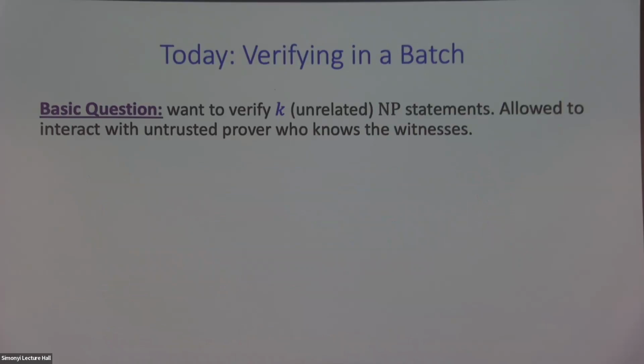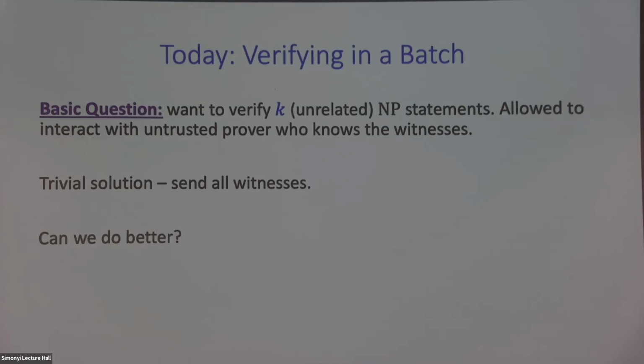I'm allowed to interact with an untrusted prover who actually knows the witnesses and is trying to convince me that the statements are correct. The immediate solution is to just send over the K witnesses, and everyone's happy. What I'd like to discuss today is the question: can we do better? If you like, think of it as a direct product for proofs.